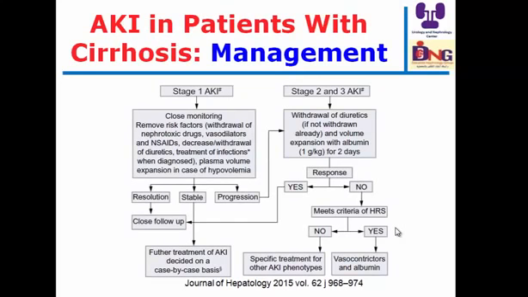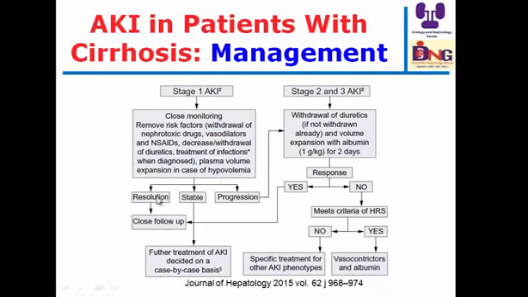How to manage? Well, I should look at the stage of acute kidney injury. If I deal with stage 1, I'll start from this direction. If I have a patient with stage 2 or 3, I start from this direction. So in stage 1, I start with close monitoring, remove risk factors, withdrawal of nephrotoxic drugs, vasodilators, non-steroidal anti-inflammatory drugs, withdrawal of diuretics, treatment of infections when diagnosed, and plasma volume expansion in case of hypovolemia.